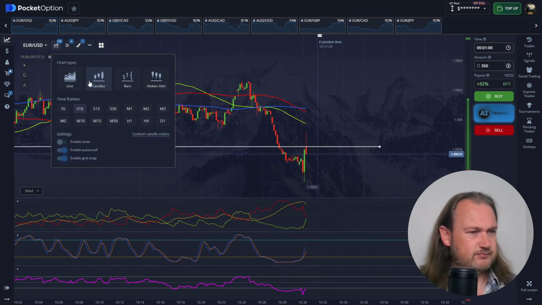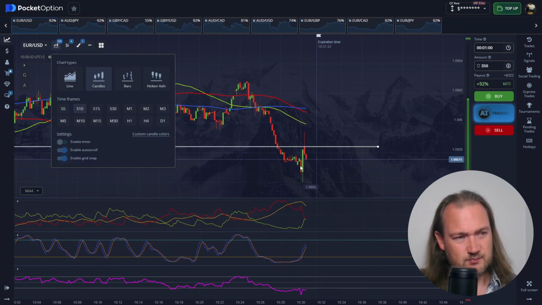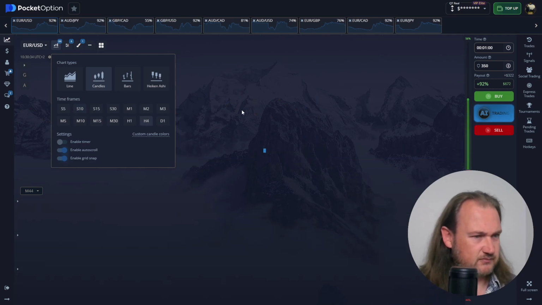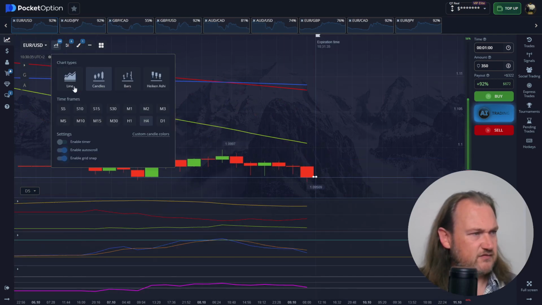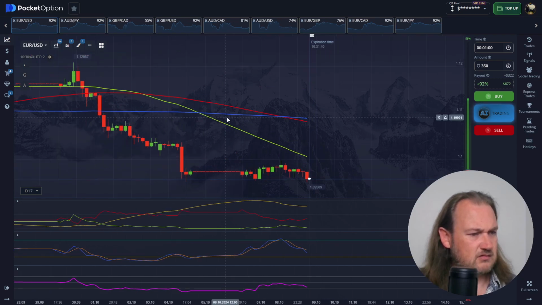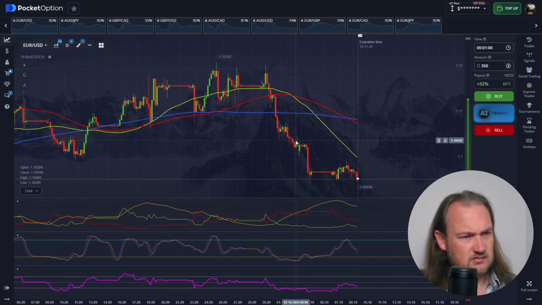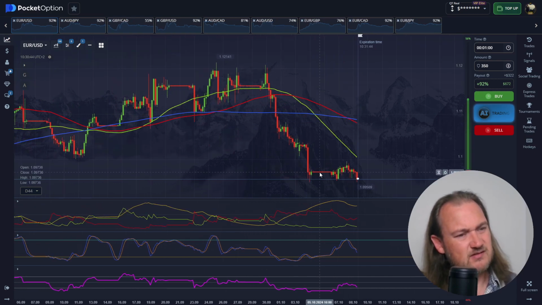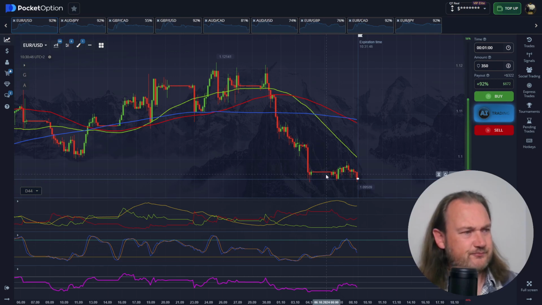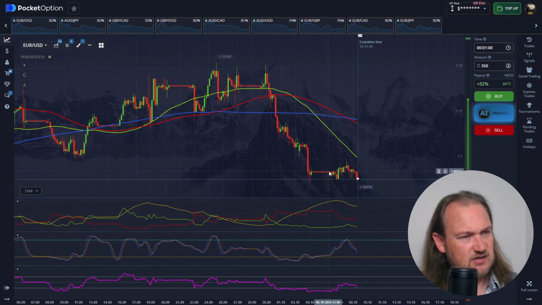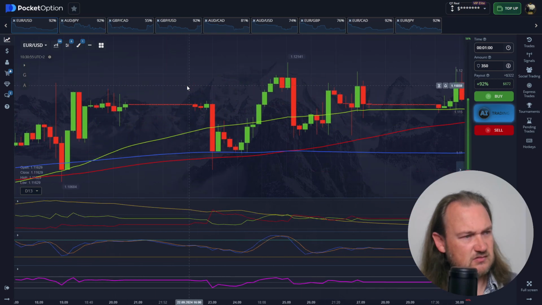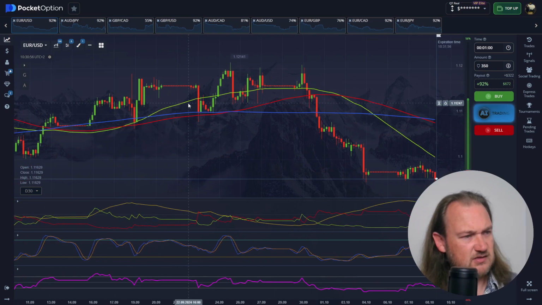Let's see if we can get a look at that. You see, this is a problem though, because this actually affects the ADX. The weekend candles are flatlining.